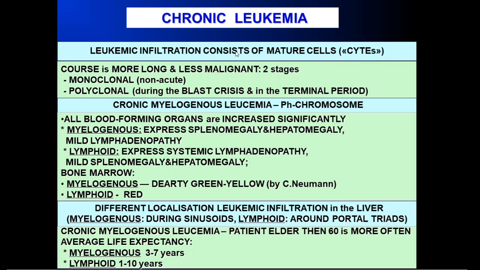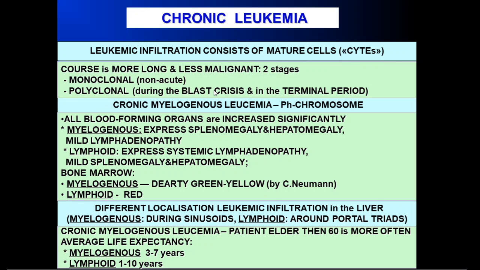So, chronic leukemia has two stages. The first stage is monoclonal, so-called non-acute, when we have only cytes. And the second stage is polyclonal, when we have the so-called blast crisis. So, chronic leukemia can lead to acute leukemia. Chronic leukemia can become acute leukemia in the second stage, after, as you see here, blast crisis.